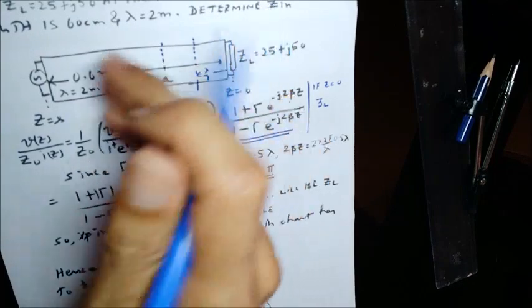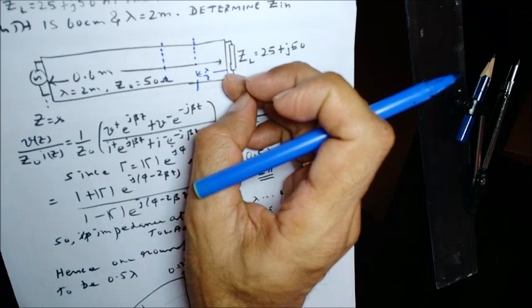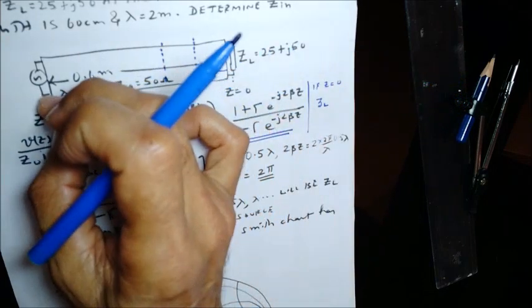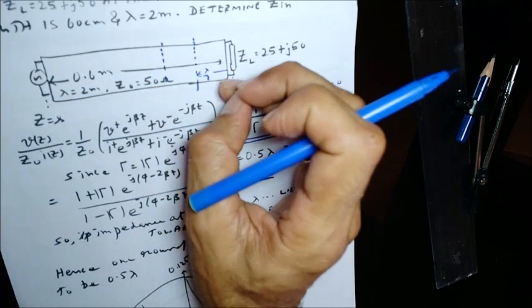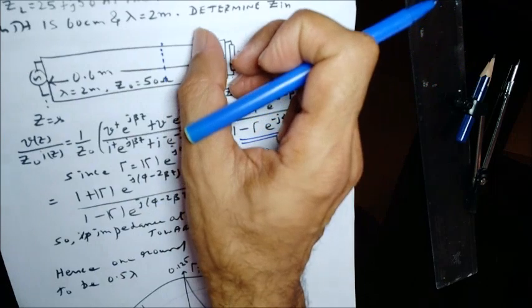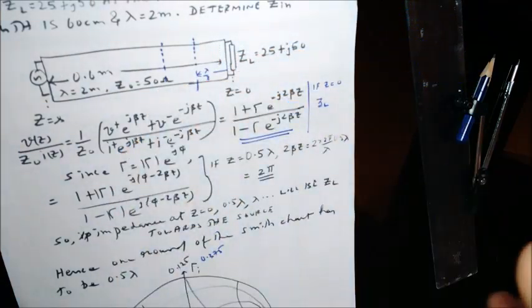So as you proceed away from the load towards the generator, for every lambda by 2, the impedance you encounter on the transmission line will be the same as the load impedance. That is the point to be kept in mind.